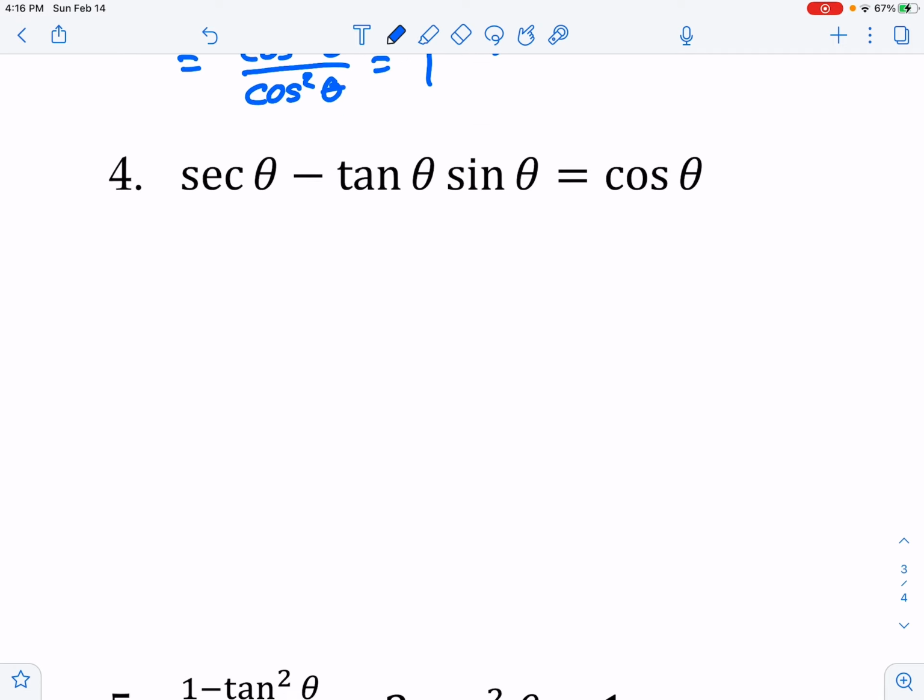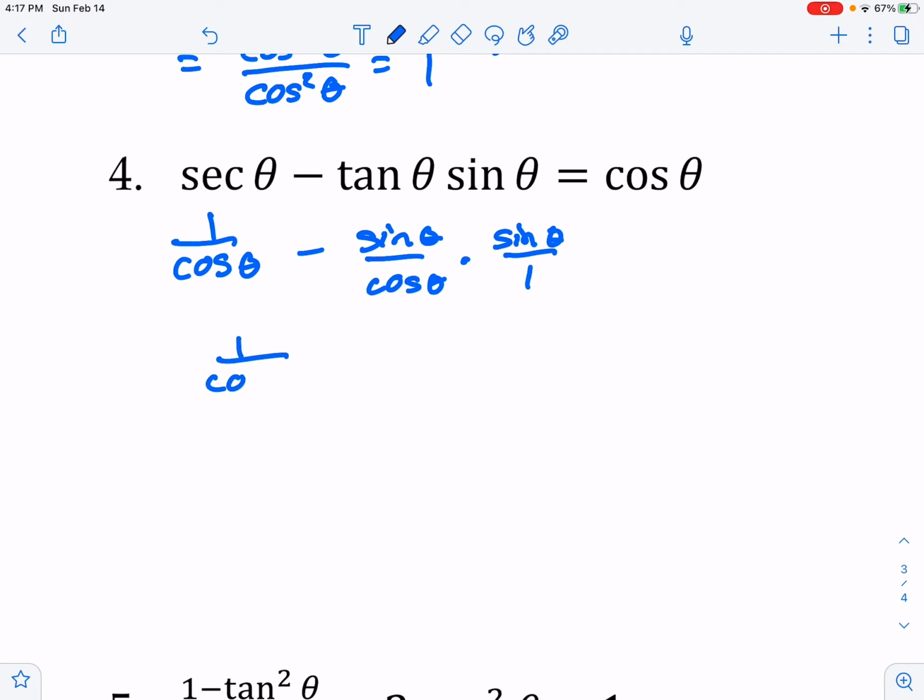Alrighty. This is 1 over the cosine, minus sine over cosine times the sine of theta over 1. So I get 1 over the cosine minus sine squared over the cosine, which is 1 minus the sine squared over the cosine.